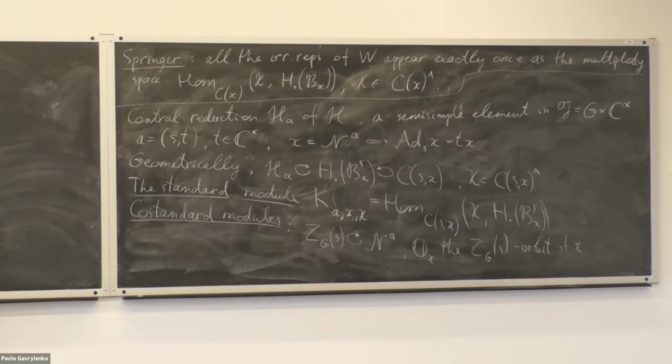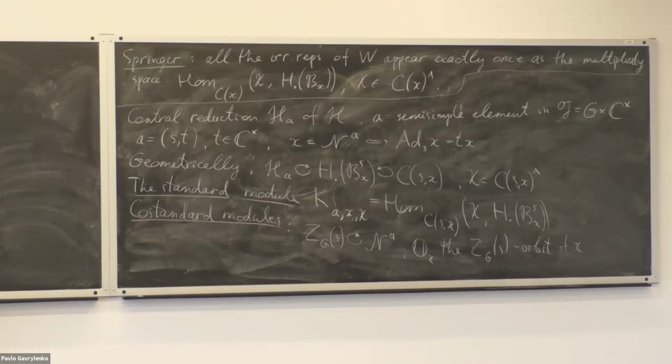So in particular, it's a local slice. So it contracts to X. Okay, and we take its pre-image under the Springer resolution map.